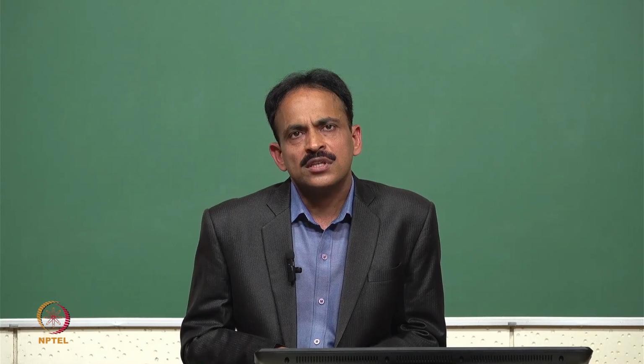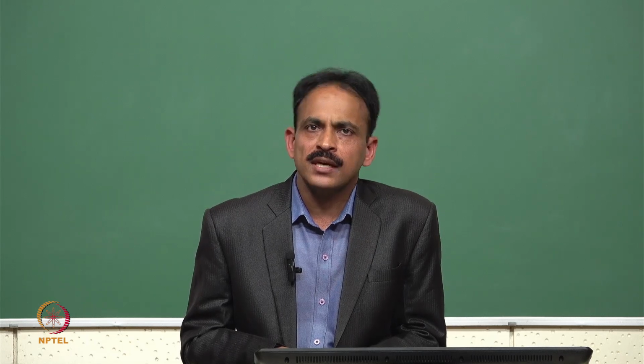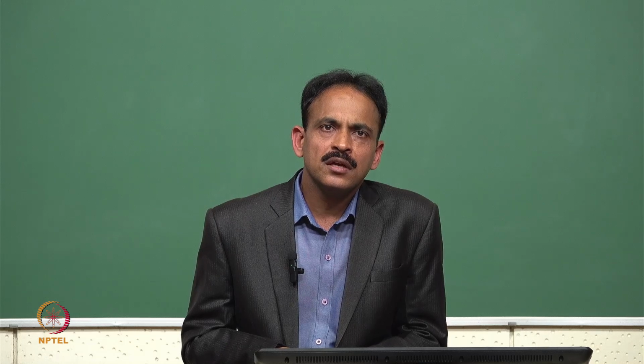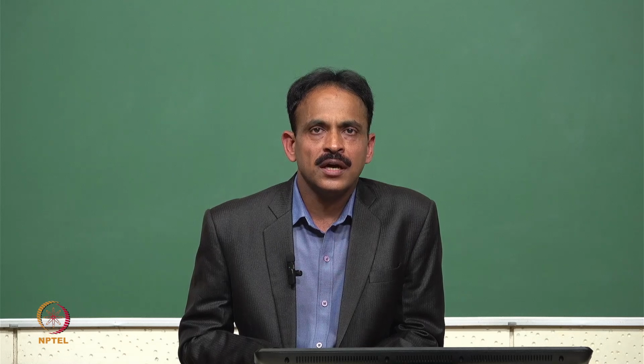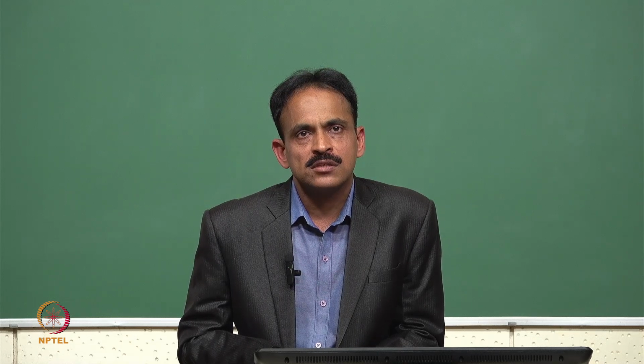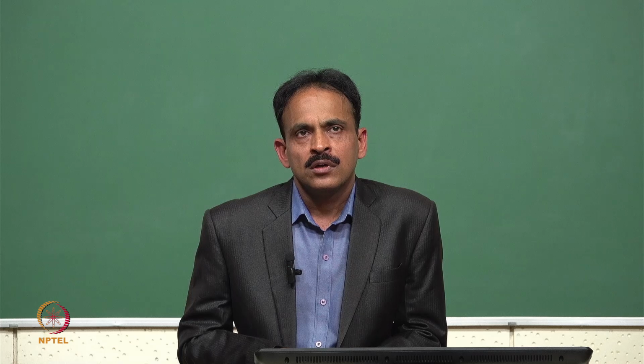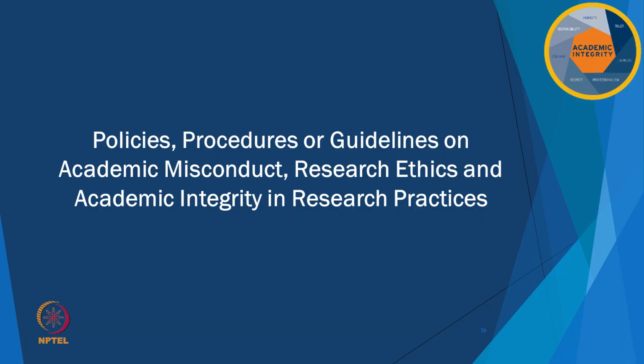While science communication generally upholds the principles of honesty and integrity, there have been instances where academic integrity issues have arisen. Most scientists and researchers adhere to ethical principles, but these kinds of instances serve as cautionary tales within the scientific community. So let's discuss the policies, procedures, or guidelines from various agencies on academic misconduct, research ethics, and academic integrity in research practices.